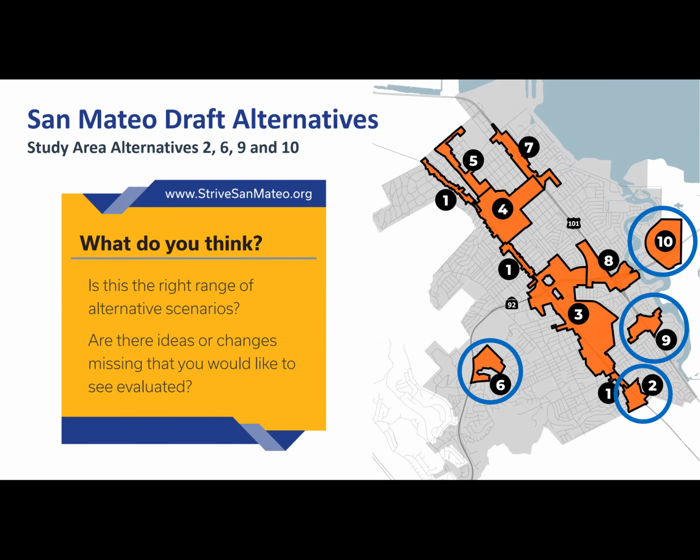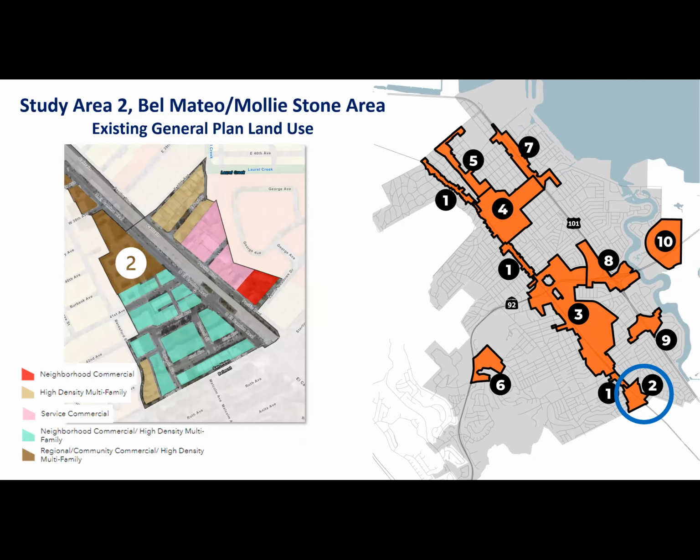We are also not voting on whether we like alternative A better than B or C. It's really to gather all the input and synthesize it as we prepare for the future scenario study. With that, I'll go ahead and start with study area 2, unless Vivian, you've received any comments in the chat.